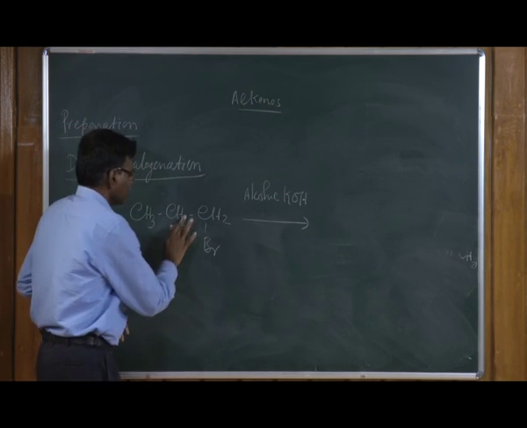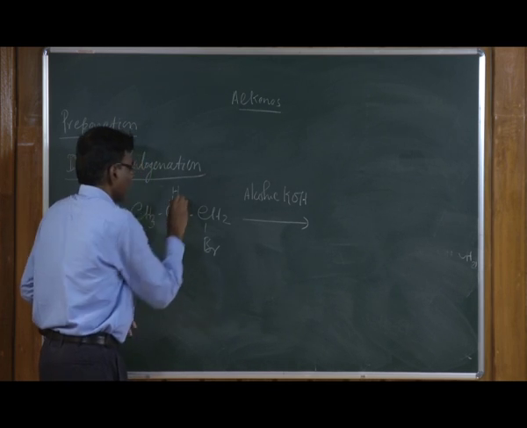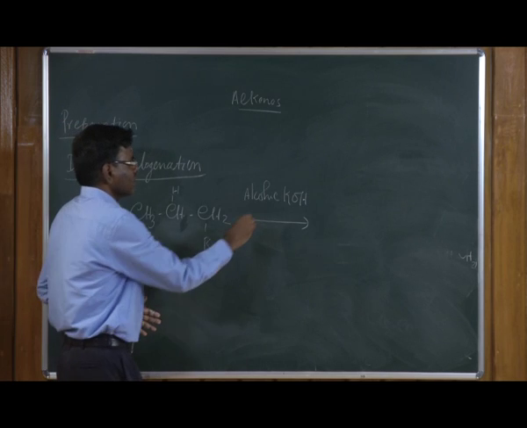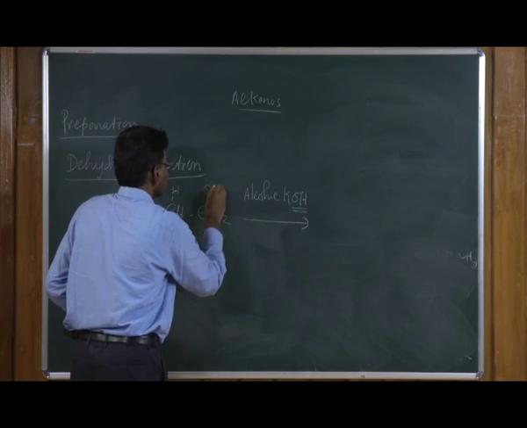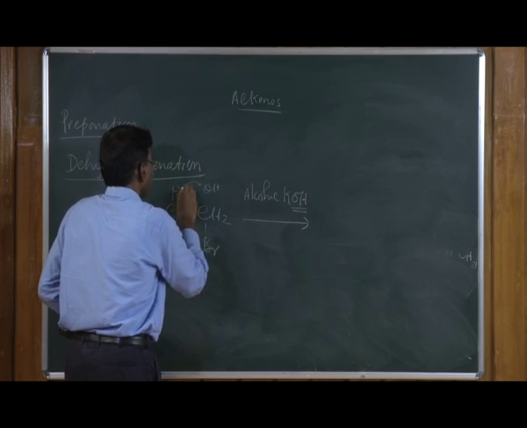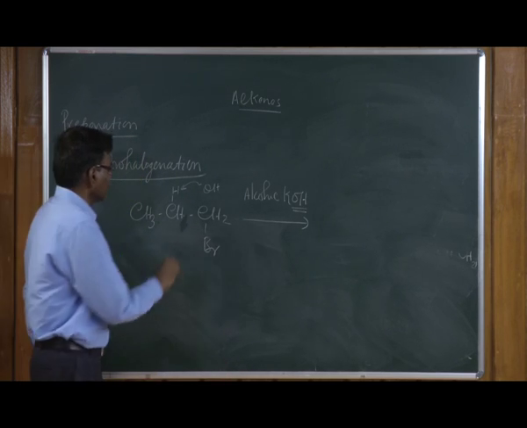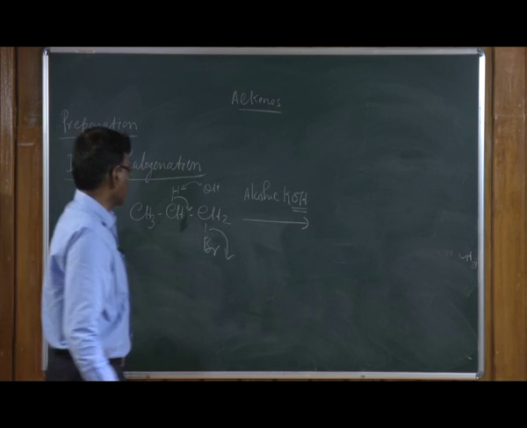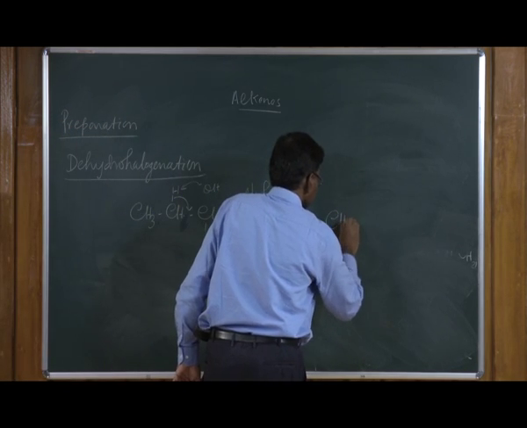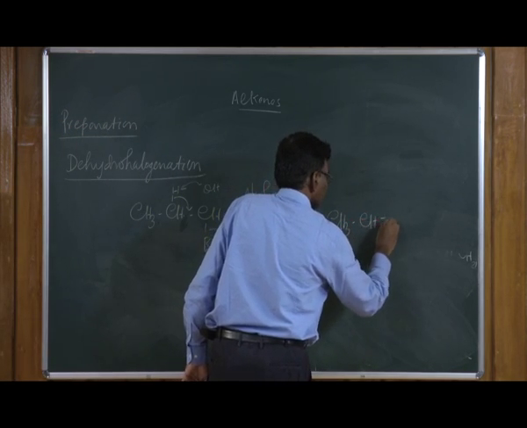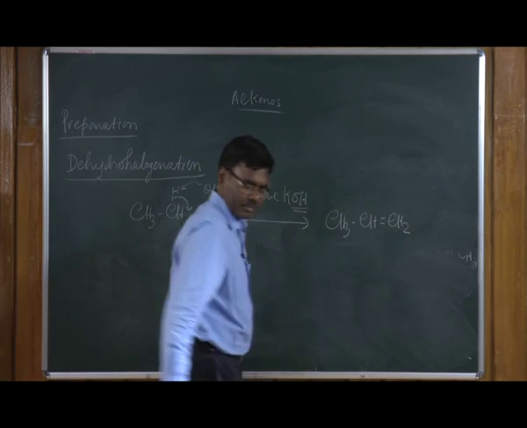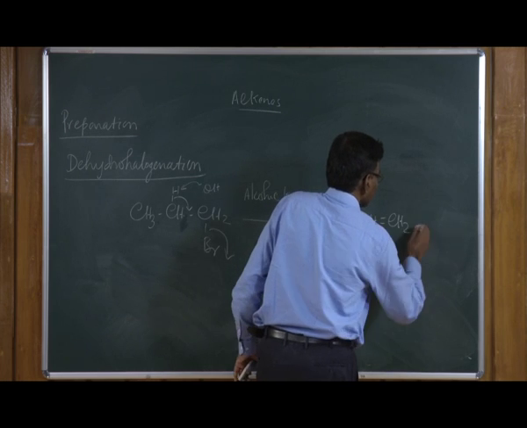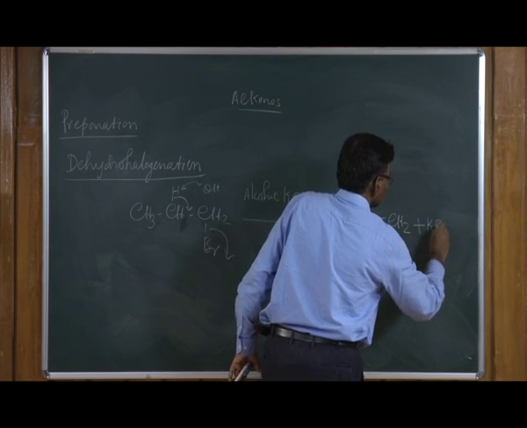In this case, you have the hydrogen at the beta carbon atom to this carbon, and this base, the OH minus, can remove this proton. The elimination takes place and you will get alkene. You get propene. The byproduct will be potassium bromide plus water.